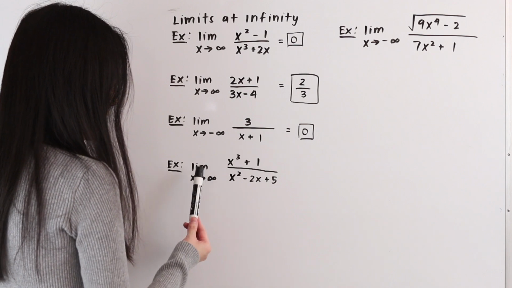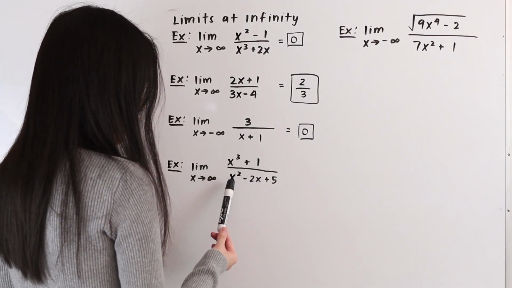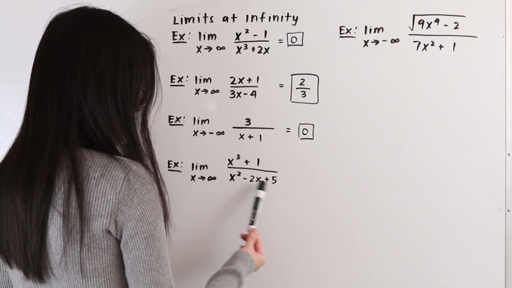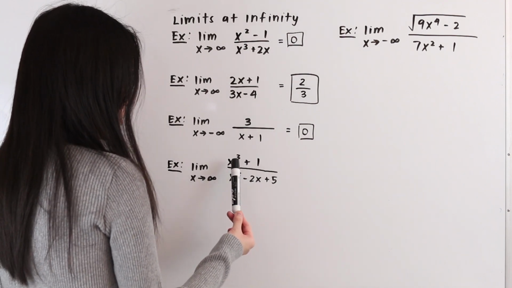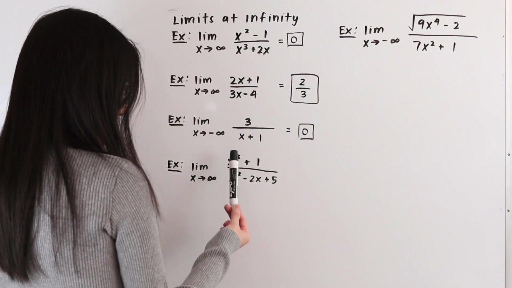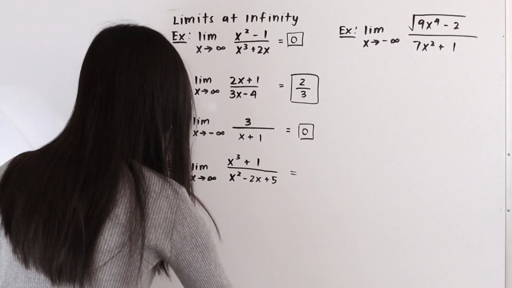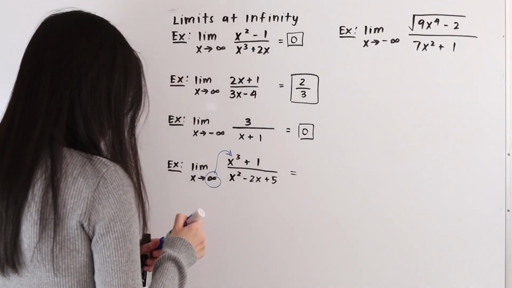In this next example here, we have the limit as x approaches infinity of x cubed plus 1 over x squared minus 2x plus 5. And so we can see here that in the denominator we have a polynomial of degree 2, and in the numerator we have a polynomial of degree 3. So the degree of the bottom is less than the degree of the top, and so this means that we need to plug in this infinity here into the numerator of our function.